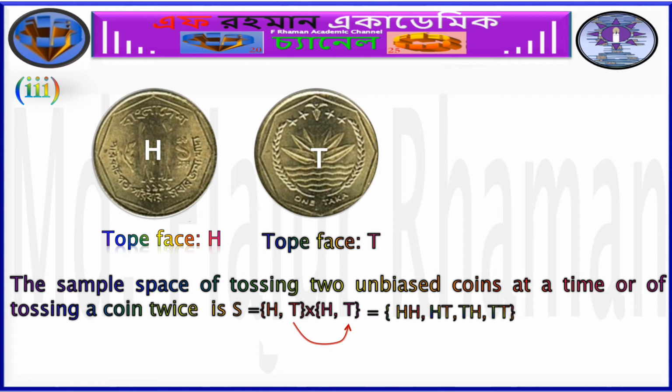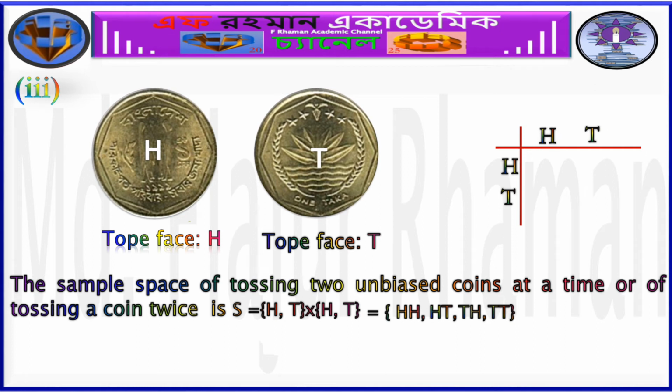We can write the sample space in another way. We draw two perpendicular line segments intersecting at a point, and then write the sample points of the first sample space here and the sample points of the second sample space above the horizontal line segment.